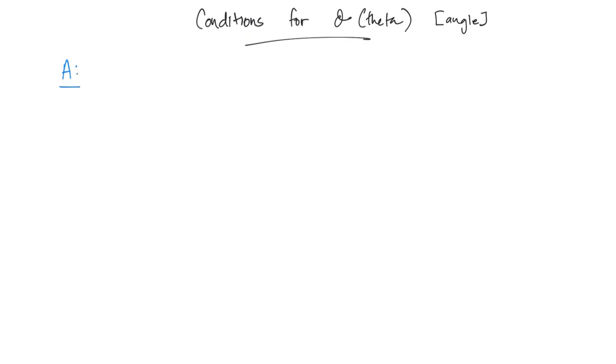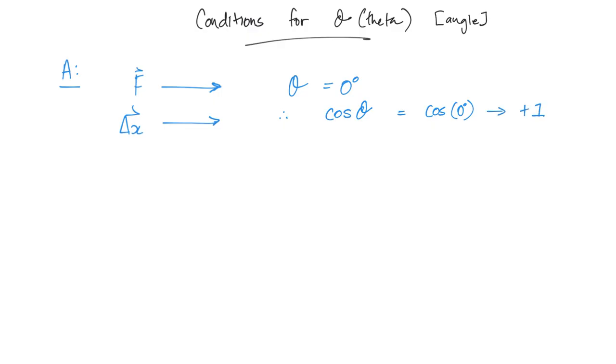So let's have the first one. Condition A. If the force is moving in this direction and your displacement is also moving in this direction, then theta will be equal to 0 degrees. Therefore, when you substitute it in, cos theta is actually going to be equal to cos 0, and that gives you a positive 1, from math.